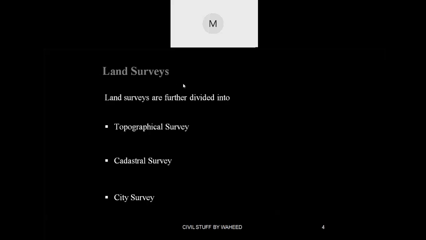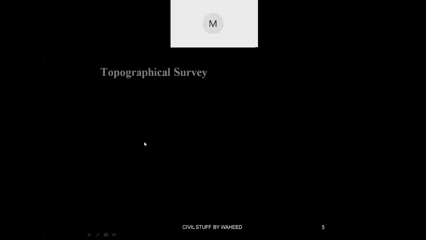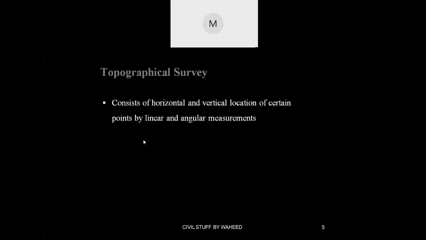Those incorporated in a single map is called a topographical map. Now it consists of horizontal and vertical location of certain points by linear and angular measurements.